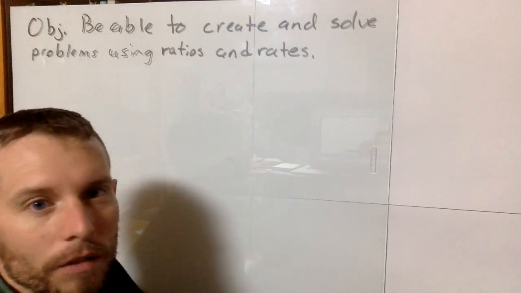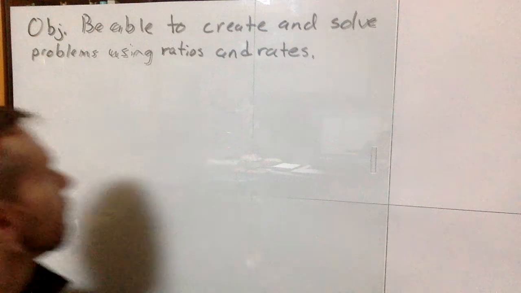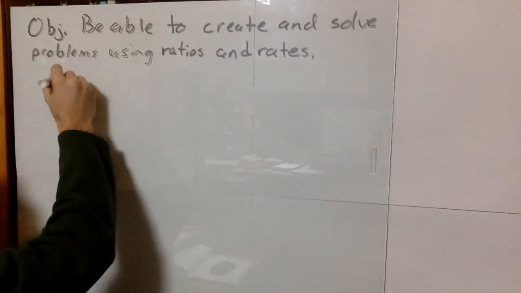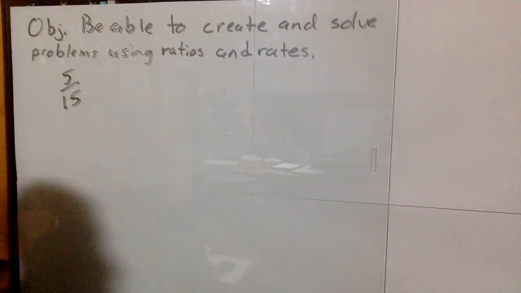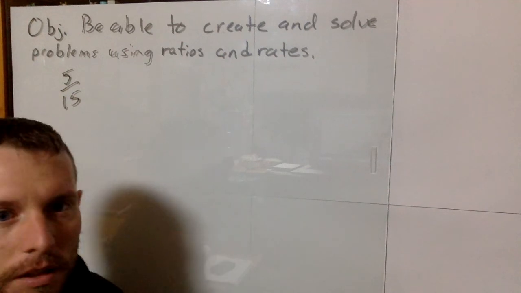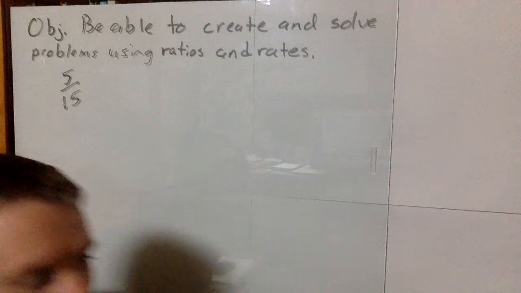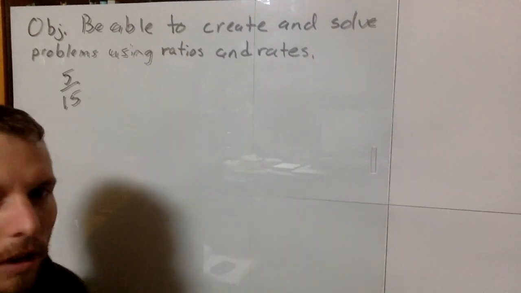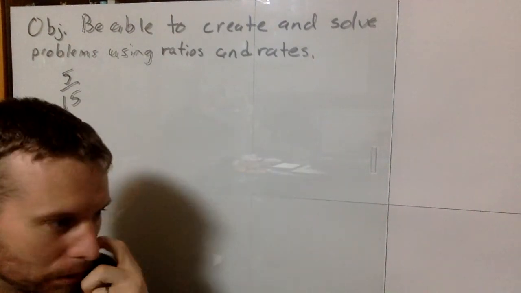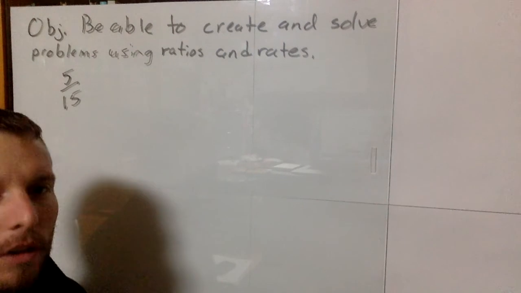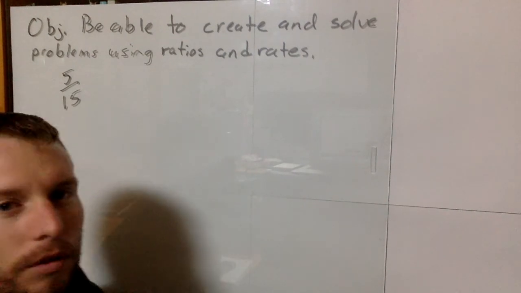We can write that as a ratio, 5 over 15, to show the girls that like One Direction compared to the total number of girls.